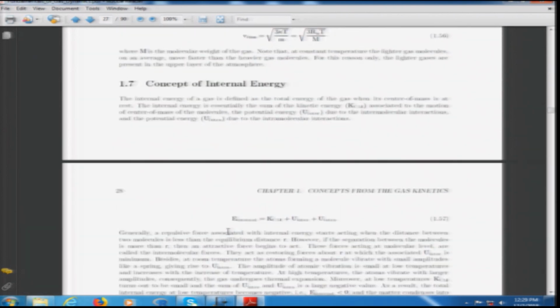Now, let us discuss the internal energy. What is internal energy? By definition, we as instructors must emphasize this fact here.